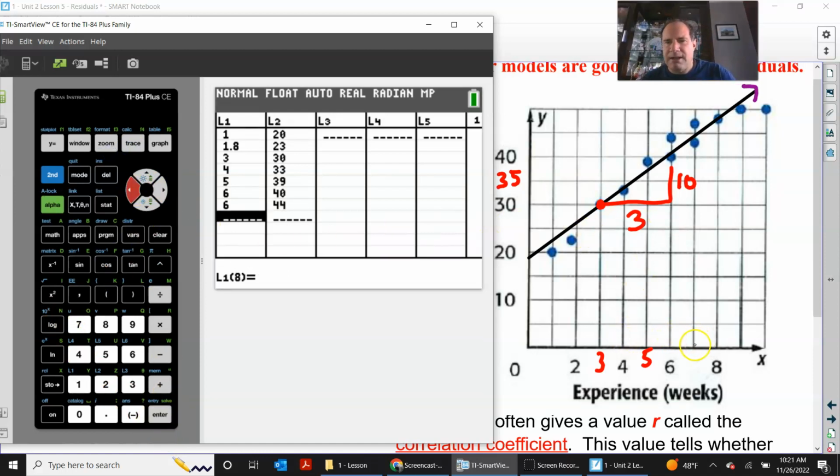All right, and then we have 743. And then we have 7 again and 47.